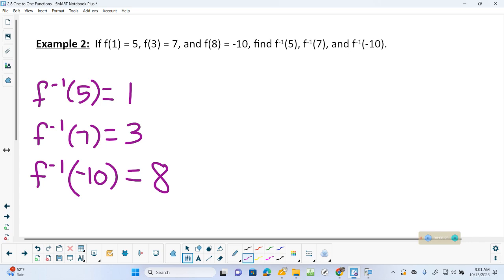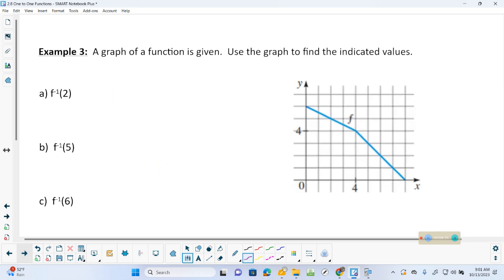We're going to do the same concept, switch x and y, but off a graph. A graph of the function is given, use it to find the values. Well, remember, f inverse, so they're giving you the y. So I need the x out of you. So look at your graph. Okay, y 2 would be right here, so I'm looking at this point.